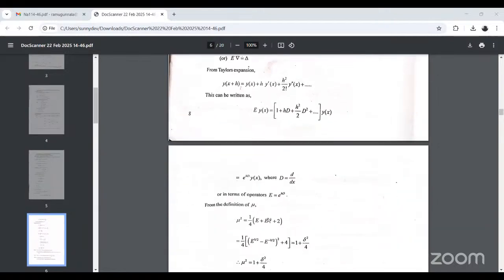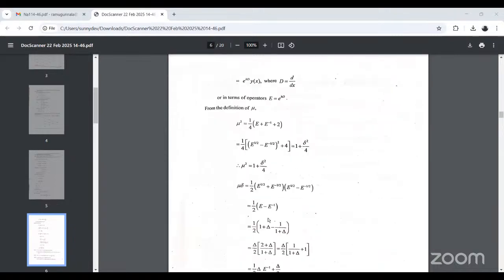And one more important formula, that mu square equals 1 by 4 into e plus e power of minus 1 plus 2. That is 1 by 4 into e power of 1 by 2 minus e power of minus 1 by 2 whole square plus 4. So here we are adding plus 2, so plus 4 minus 2 we can write.